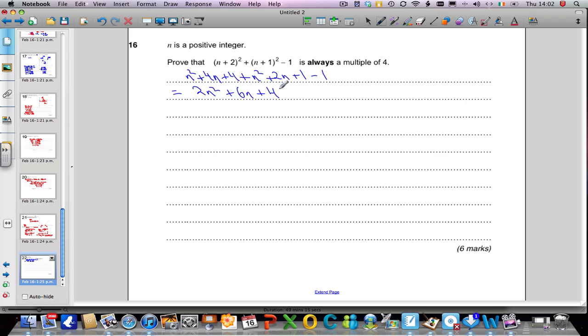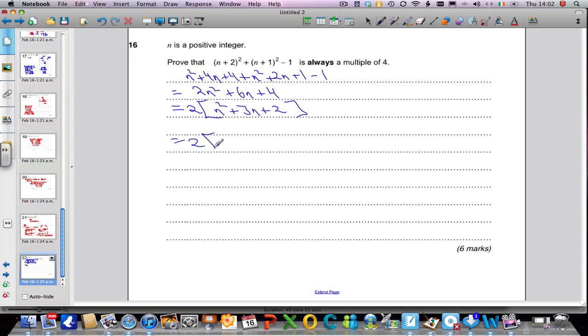That looks very familiar to me. It looks like a quadratic. And before I factorize a quadratic, I'm going to factor out that 2 because everything in here is divisible by 2. So we get n squared plus 3n plus 2. So let's factorize this quadratic.